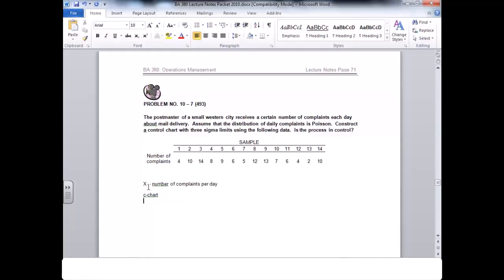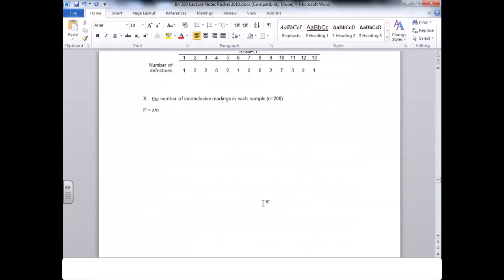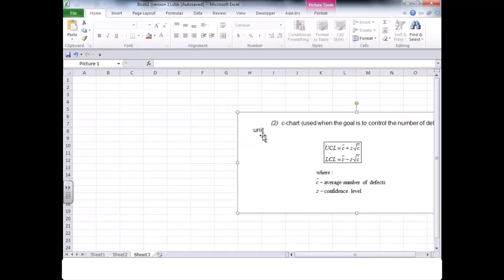The C chart is used when you simply want to observe the number of occurrences in a given interval. The formula for the C chart is given here. Okay, and we will need to copy the data.